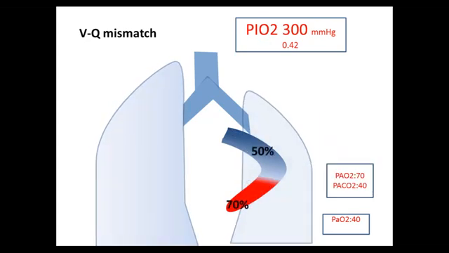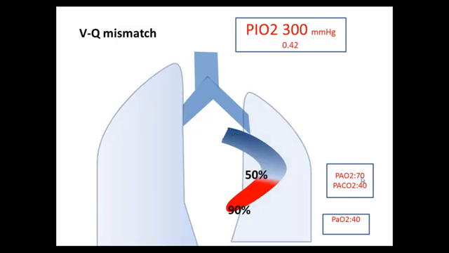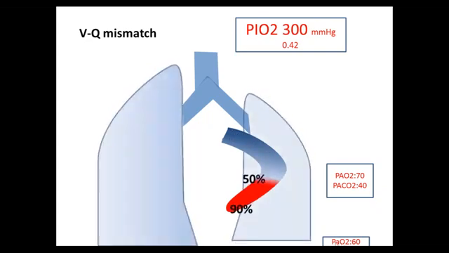In this situation, you may have the alveolar oxygen improved to 70%, and now you have the saturation improved to 90%. And partial pressure of oxygen in the arteries improved from 40 to 60 millimeter mercury.